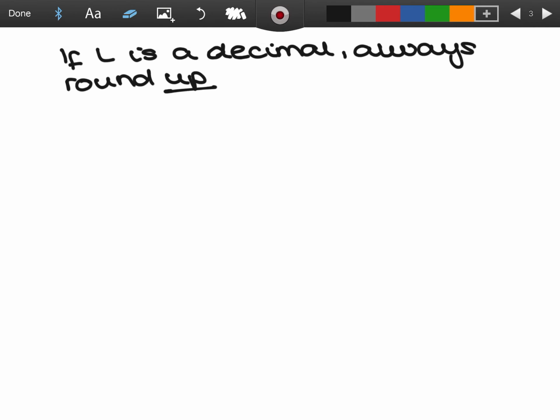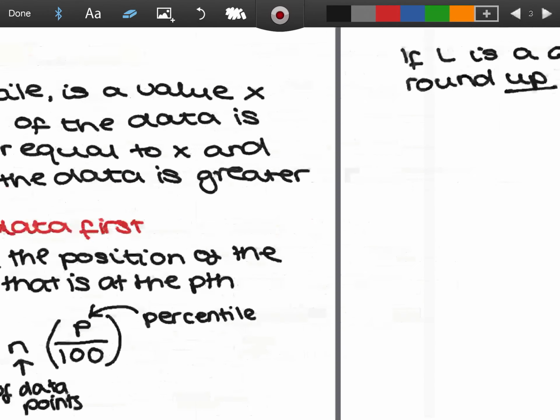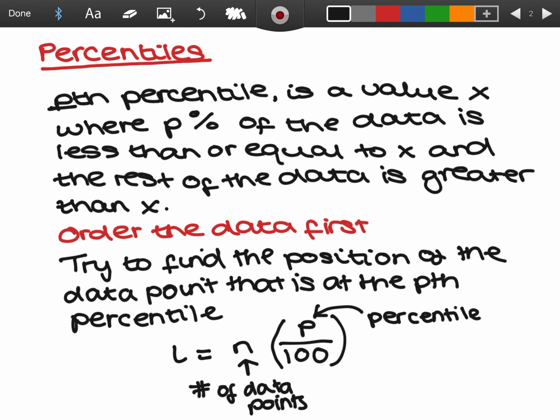Now we look at the situation when L is a whole number. So when you calculate this formula, what happens if L is a whole number? What happens when it's an integer? Well, if L is a whole number, let's say I calculated this and L came out to 4, I don't just look at the 4th data point.